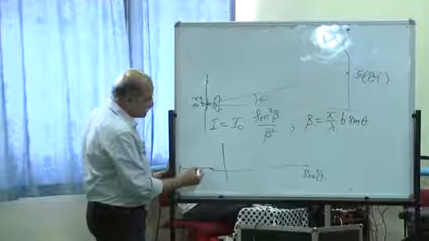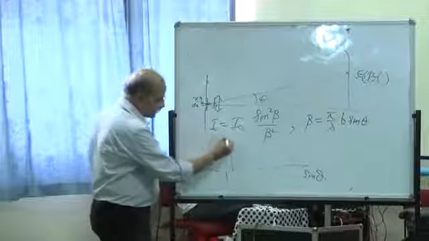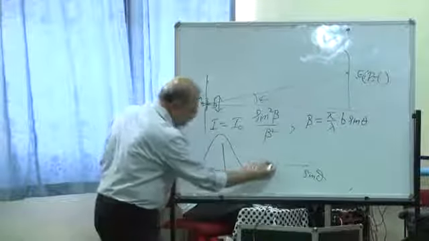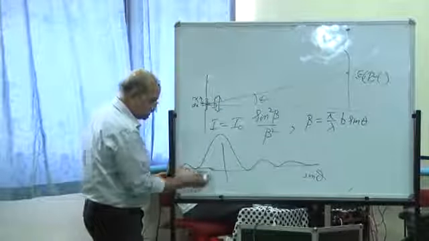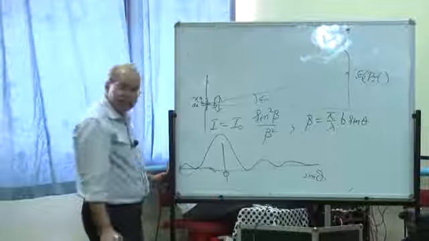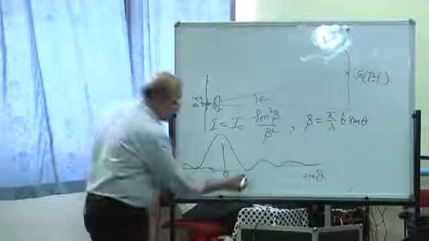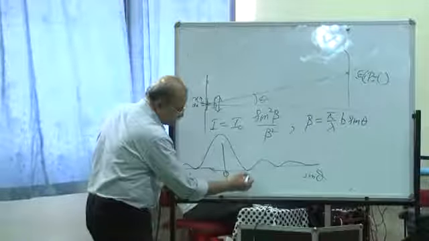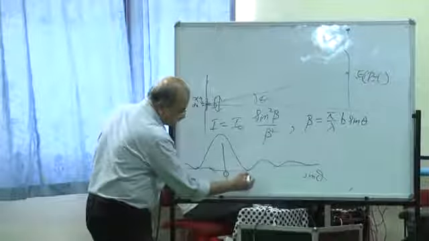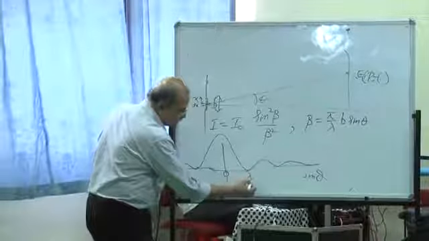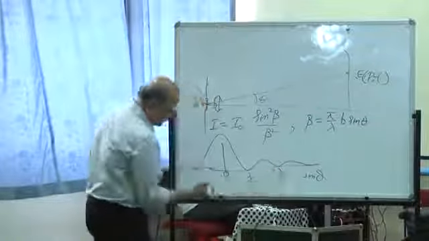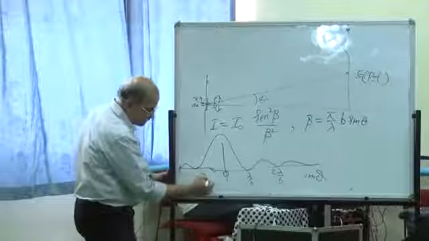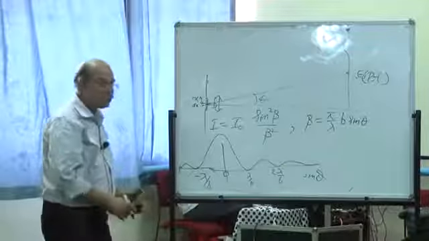it turns out that your intensity will be like this. This is theta equal to 0, sine theta equal to 0. This is sine theta is equal to what? Lambda by b, 2 times lambda by b. Similarly here minus lambda by b, and so on. These are all mathematics you can do, no physics.